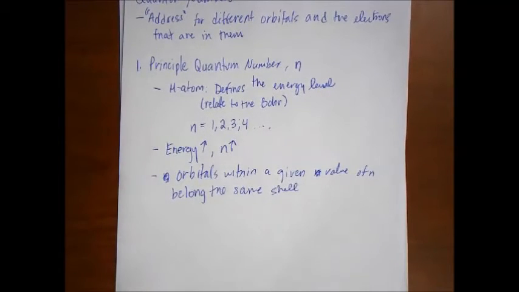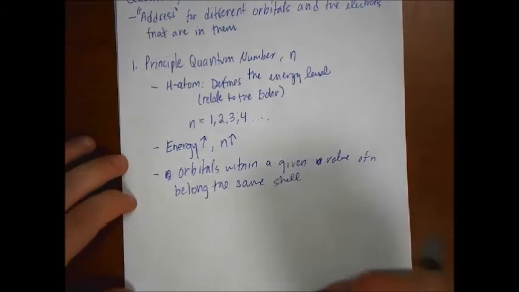So it's very much like the state analogy. States are broken up into many, many towns, but all of those towns are part of the same state. What we're saying is that all of the orbitals that make up that n value are all part of the same shell. So rather than using the term state, we use the term shell. That's the analogy to the address.